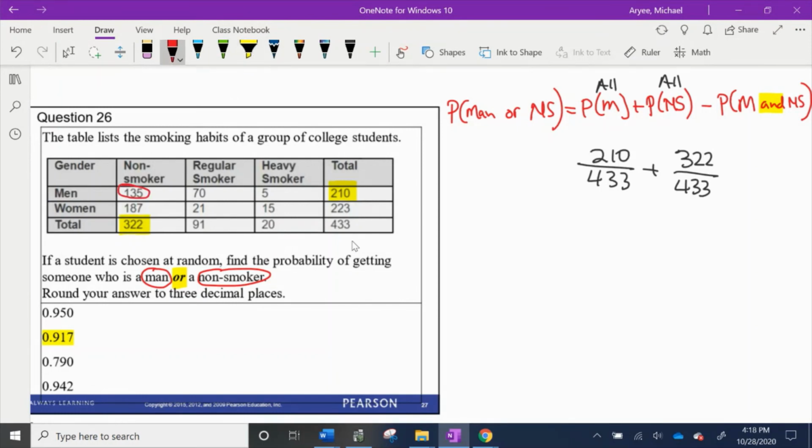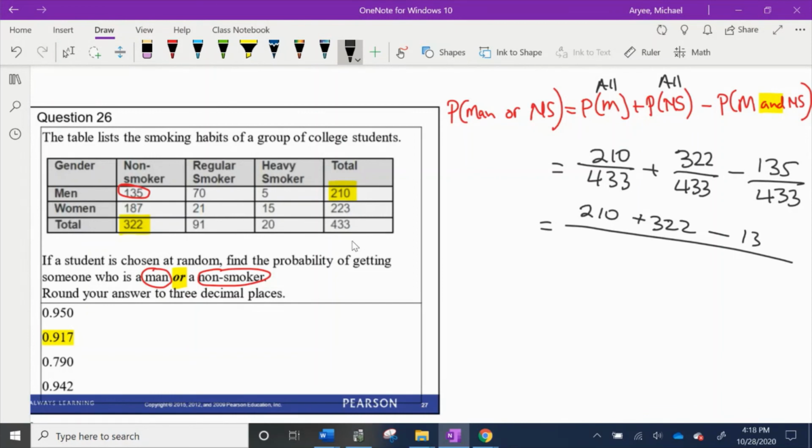There are 135 who were men and non-smokers. So we're going to do minus 135 divided by 433. We need someone to kindly do that for us. 210 plus 322 minus 135 all over 433. You press equal first, then you do divided by 433.